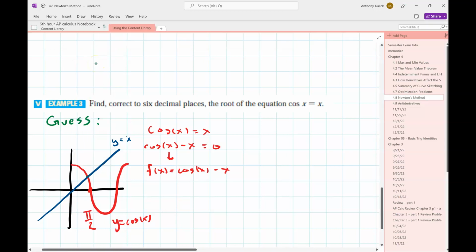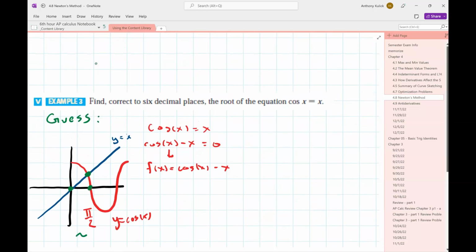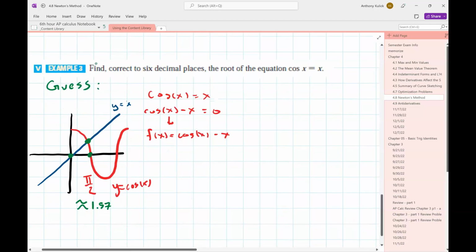This is what I'm looking for, my solution, right? That's going to happen between 0 and pi over 2. Pi over 2 is about 1.57. So what's my guess going to be? Well, just 1. Sure. It doesn't really matter for this one anyways. Everybody's cool with how I came up with 1?